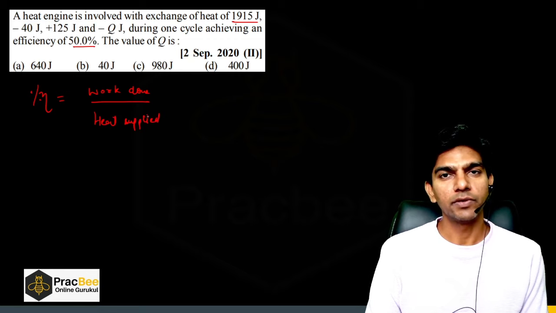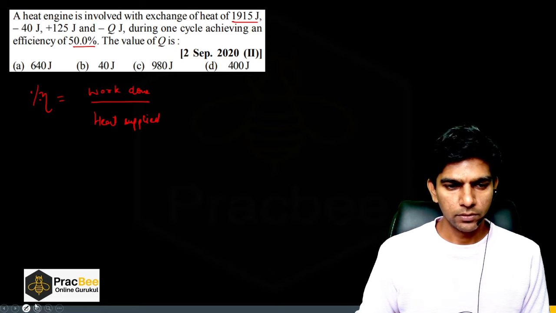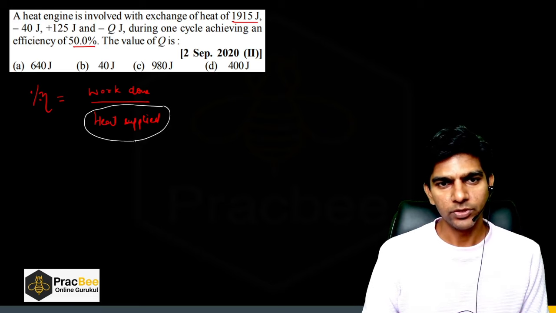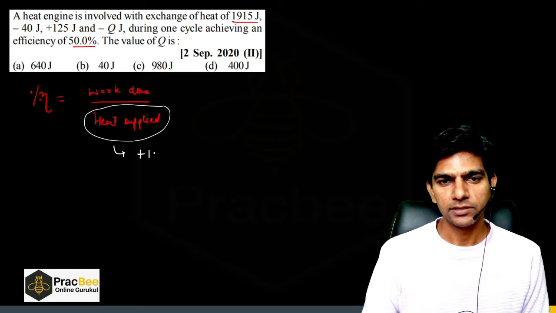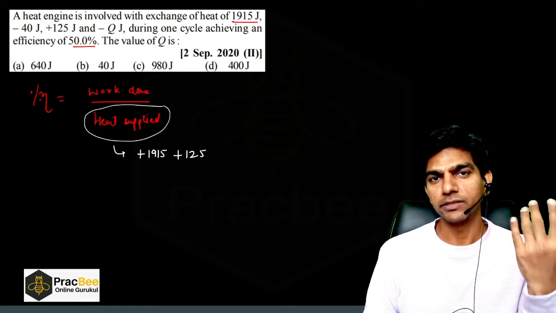And in this heat supplied, we have to consider only those processes where heat is being supplied to the system. Now, we can clearly see that for the denominator, we have to use plus 1915 plus 125 because the other two heats are negative. So those are being rejected from the system.